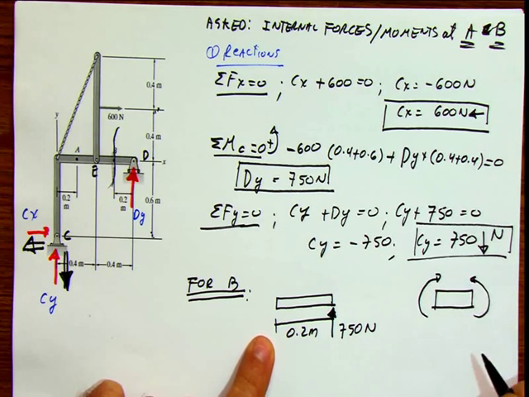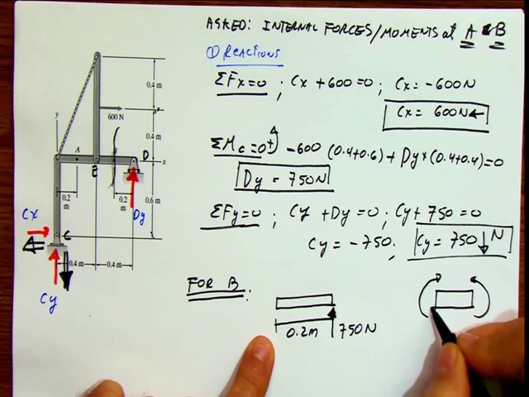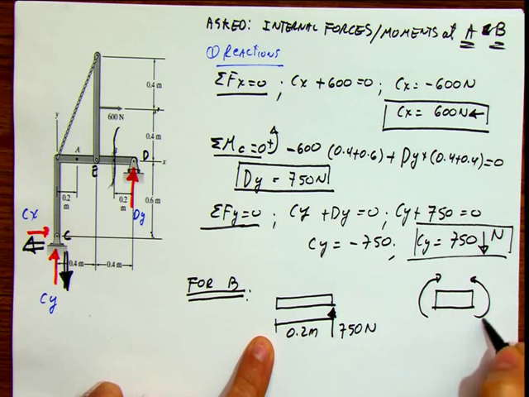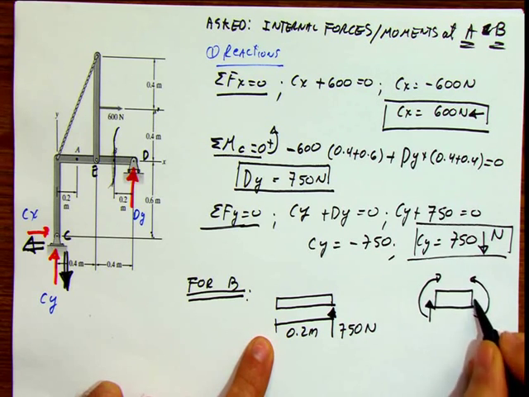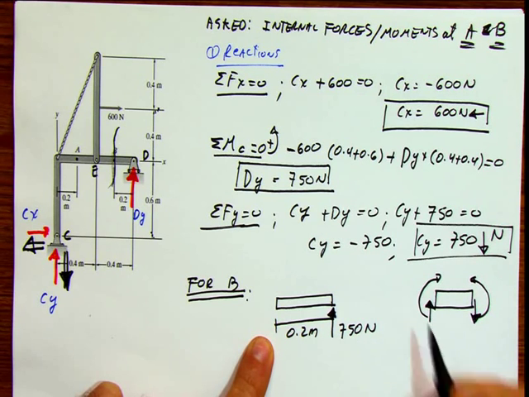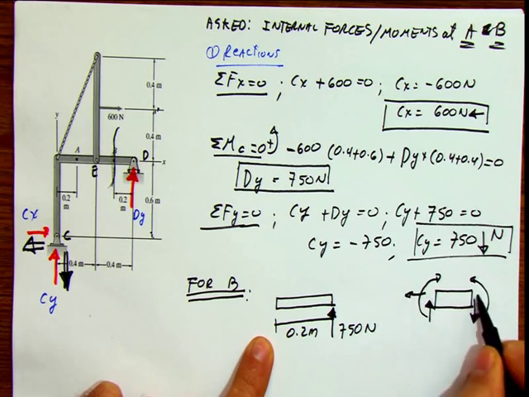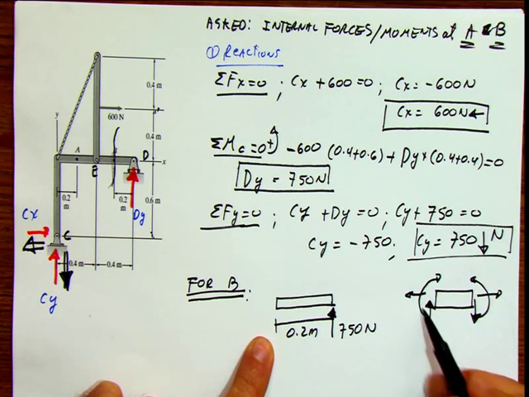The moment is going to be like that if I'm on this side, and like that if I'm on this side. The positive direction for the shear is like that on this side, and like that on the other side, and the same for the axial. We explained this in class for the moment, shear and axial.